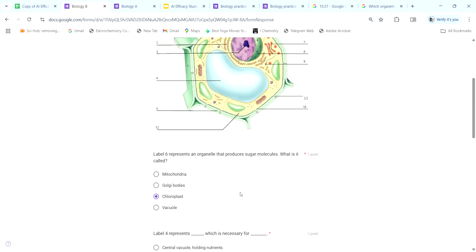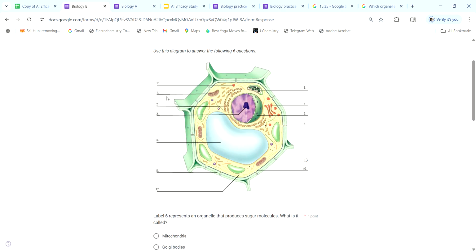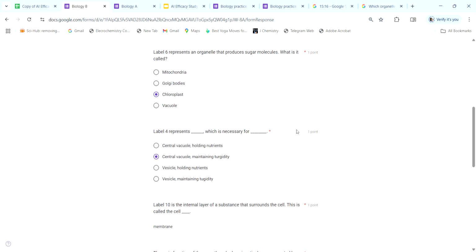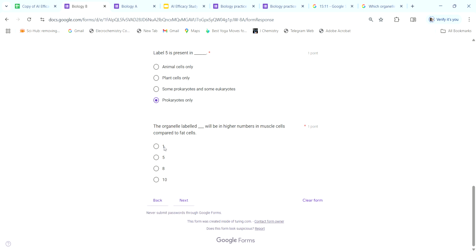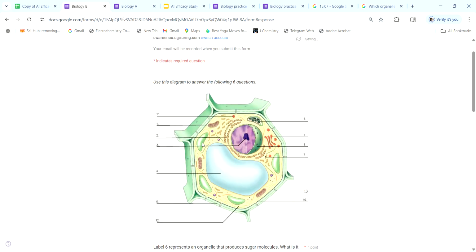So I think 1 is the mitochondria, which remains in muscle cell more than fat cell. Okay, so I'll go for 1. Now move to the next part.